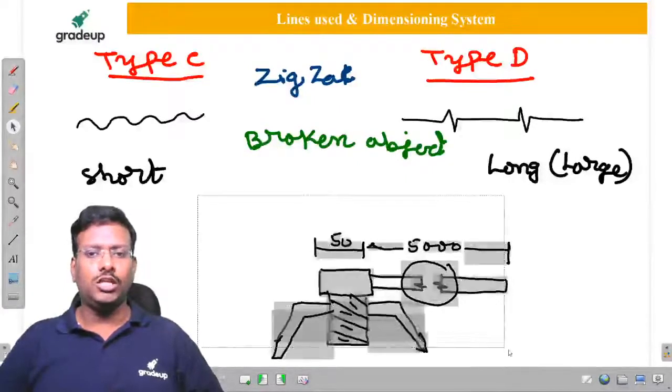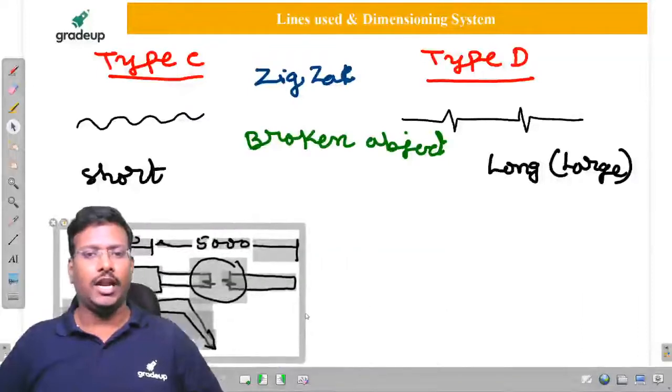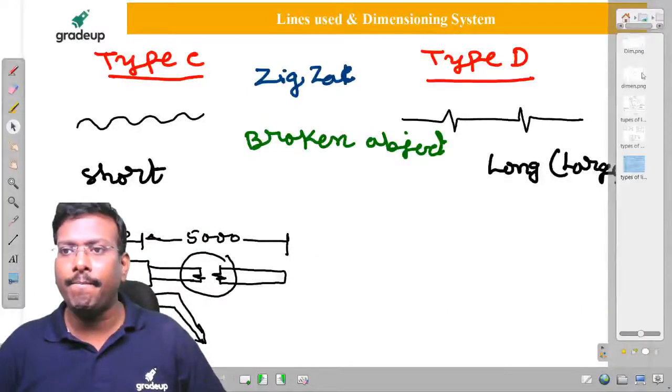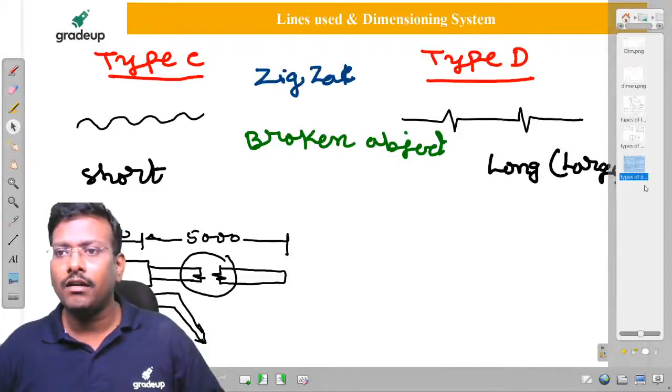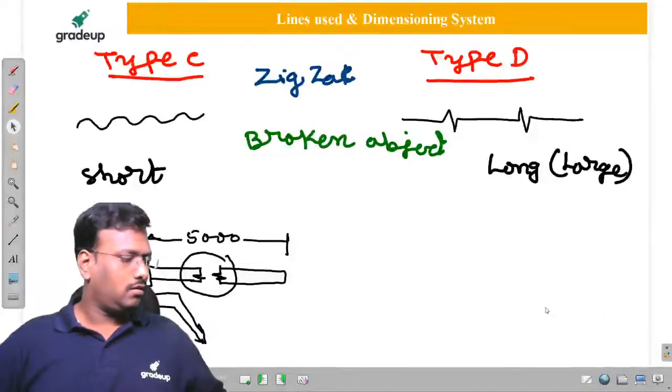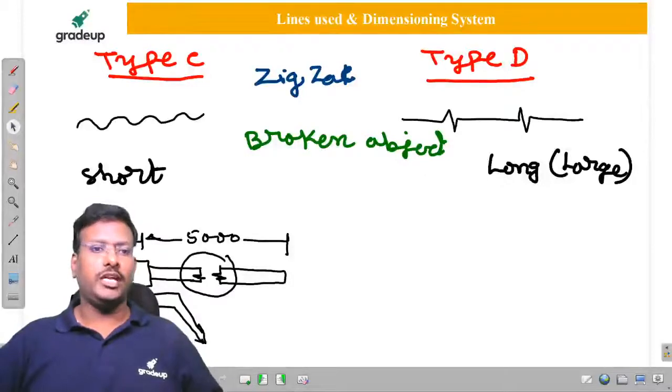I will show this in a diagram for your clarity. Just wait a second. One second, my dear friends. Long broken objects and short broken objects we use like this.